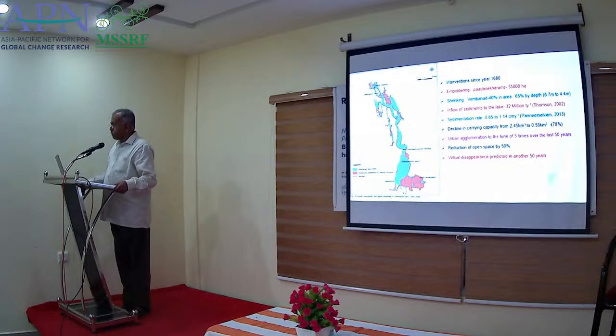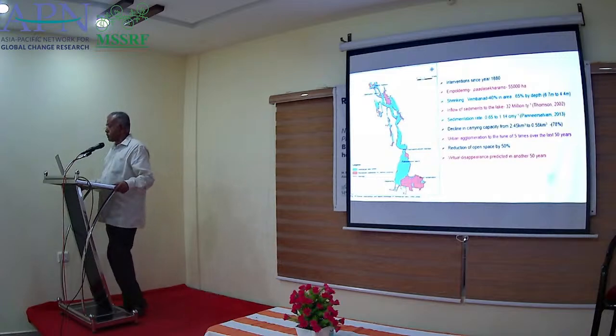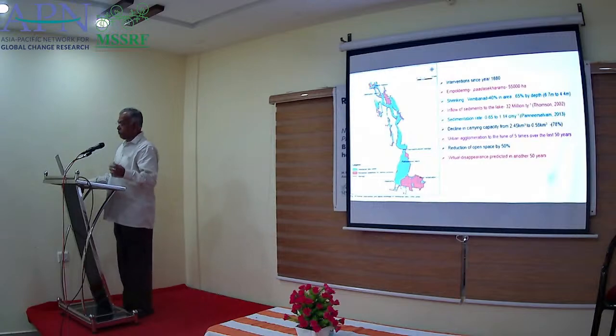Now the shrinking of Vembanad is almost 40% by area and 65% by depth. The average depth was about 6.7 meters in the olden days. Now it has come down to a 4.4 meter average, but there are many areas where the depth is very, very minimal. That is mainly because of the inflow of sediments to the lake.